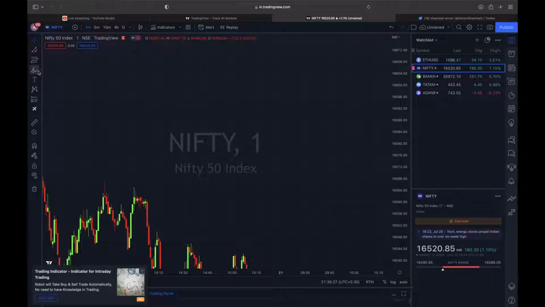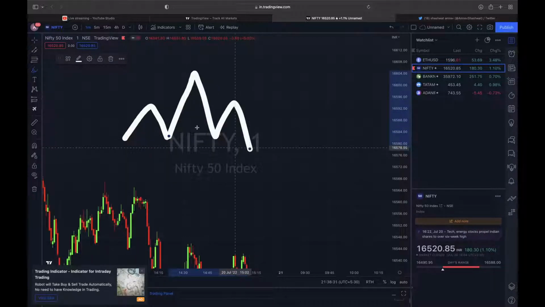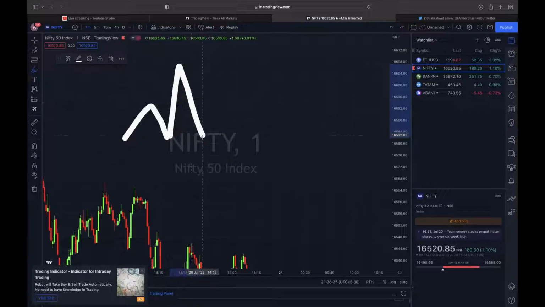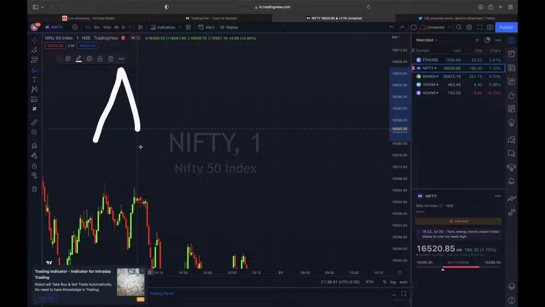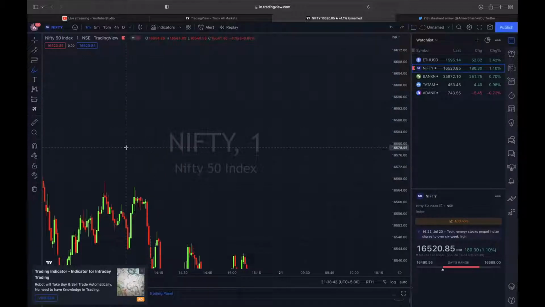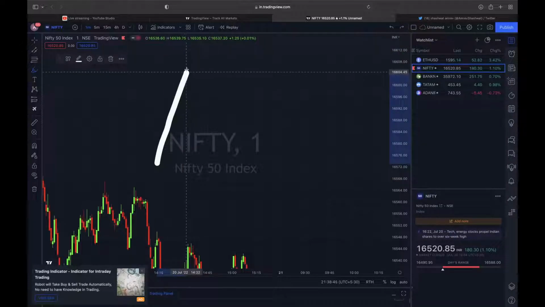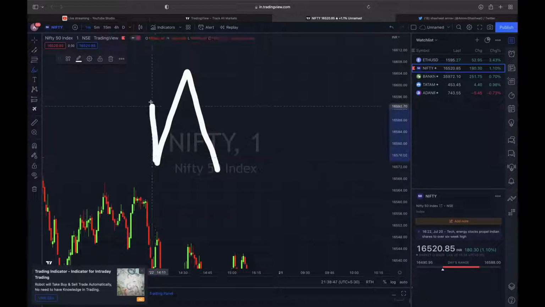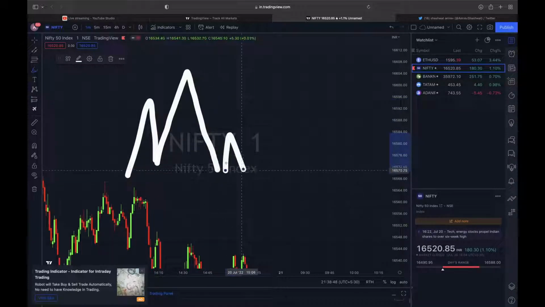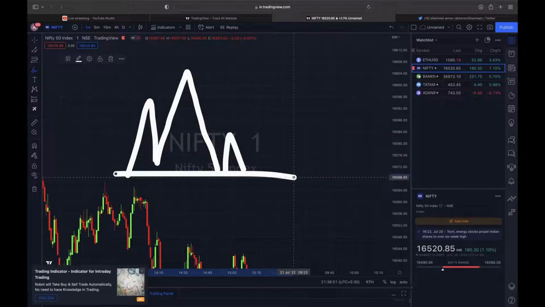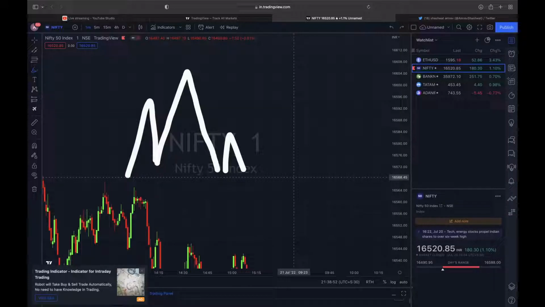So he's asking that if this is shoulder, this is head, and this is shoulder, is it needed that this shoulder should have the same height? No. The only thing is that the head should be bigger. Now the shoulder can be like this and someone like this, no worries at all. The neckline should be there. Yes, it is true.